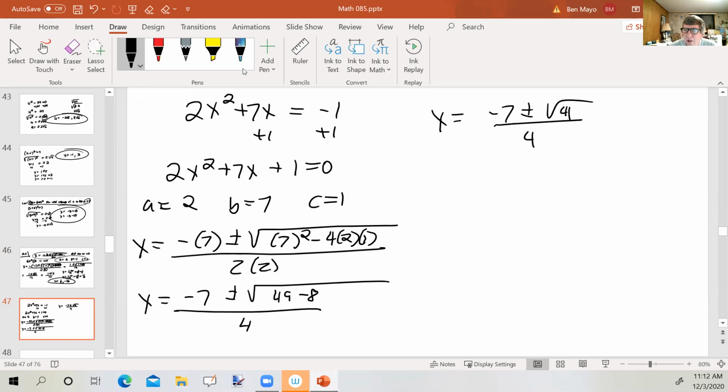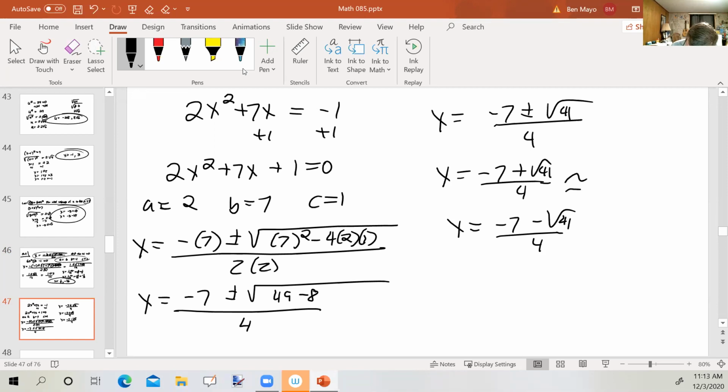Well, we can't take the square root of 41 and get a nice answer. We can't simplify. There's no perfect square factors in there. So our two answers are going to be x equals negative 7 plus the square root of 41 all over 4, and x equals negative 7 minus the square root of 41 all over 4. Now, let's do some decimal approximations to the nearest hundredth. So we're going to punch this into the calculator.